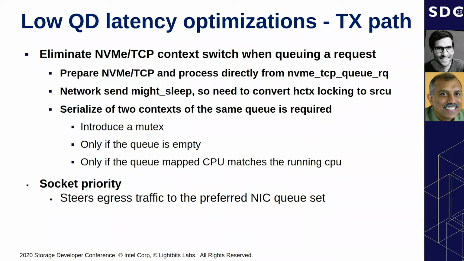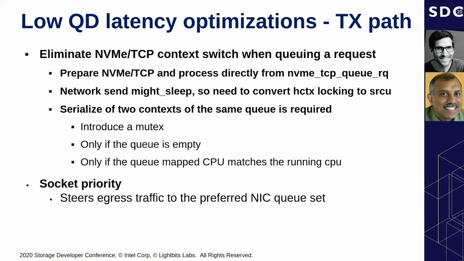And if the running CPU matches the IO context affinity CPU, which means we're only competing within the same CPU core or hyperthread, that guarantees we won't have different CPU cores, possibly on different NUMA sockets, competing on the same send, which is, again, bad for latency.